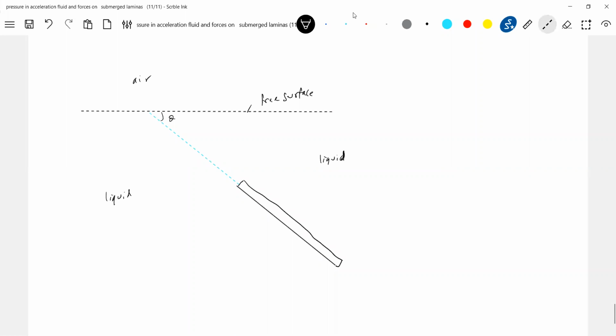I'll give one small diagram, because the plate is submerged like this. Let this be H. I want the total force acting on it.